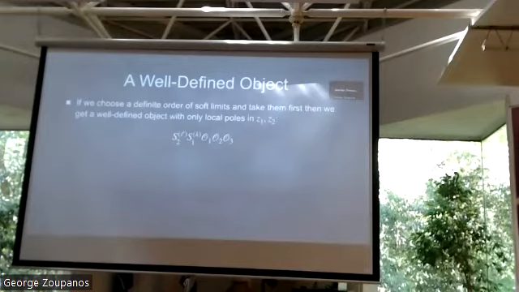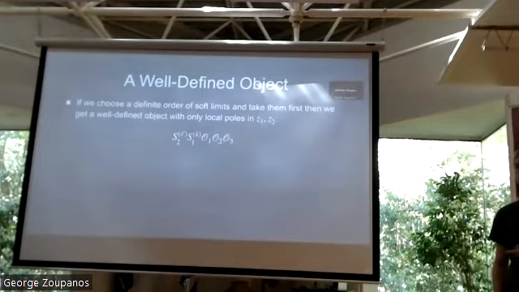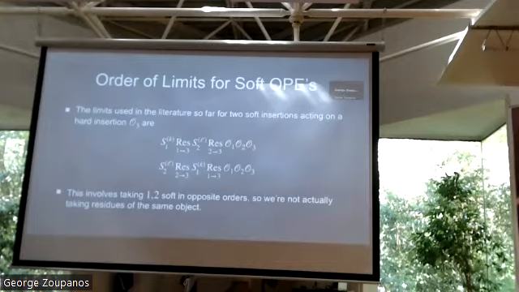Right. So it seems most natural to me to take the soft limits first, choose some order. Say take one soft first. Wouldn't it be natural to interpret that object as the commutator of S1 and S2? On the previous slide, would that be how we would just in CFT compute the commutator of S1 with S2?